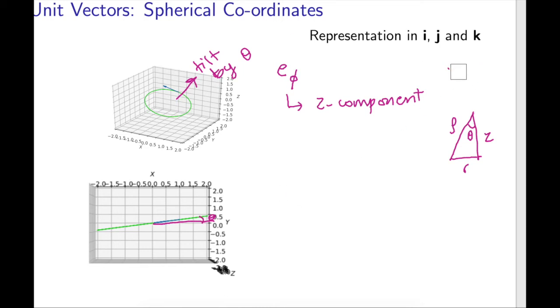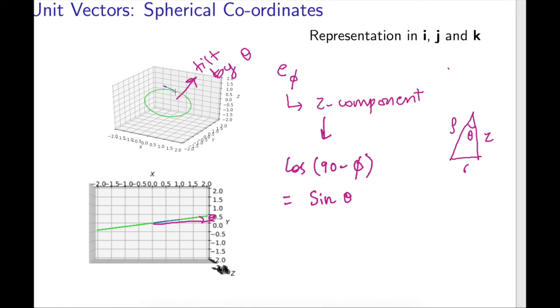So in other words, what we are trying to say is that the z component is just cosine of 90 minus phi, which is also equal to sine of phi. But it's in the negative direction. Why? Because you can see that it's going down.